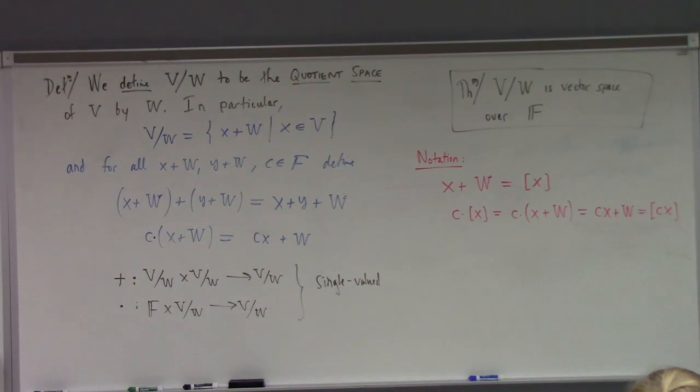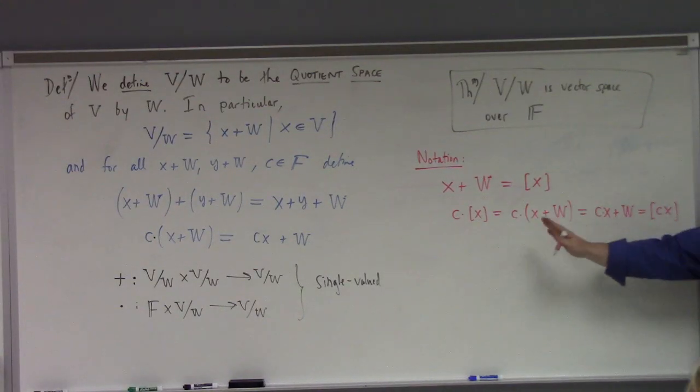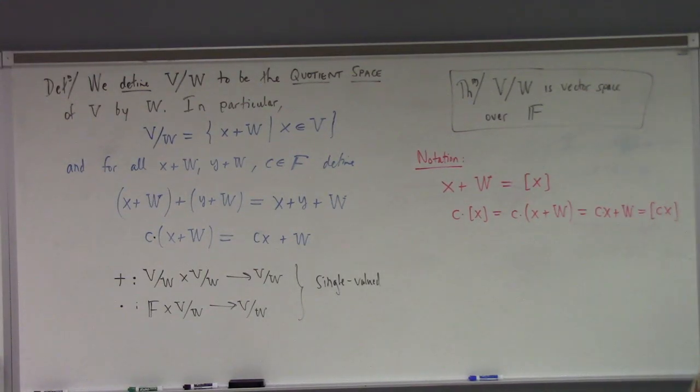So in the bracket notation, scalar multiplication looks like this. You just take the number outside and you bring it inside. But understand that this is a shorthand for working with sets of vectors, right? Is that good? Yeah, good.